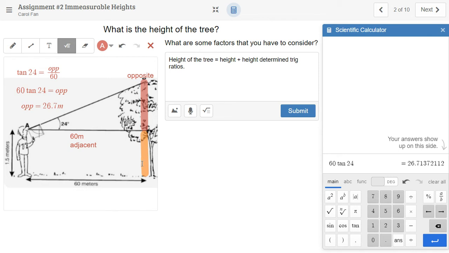Next, I'm going to add that to the person's height, 1.5. 26.7 plus 1.5 meters. And the total height of the tree is now 28.2 meters.